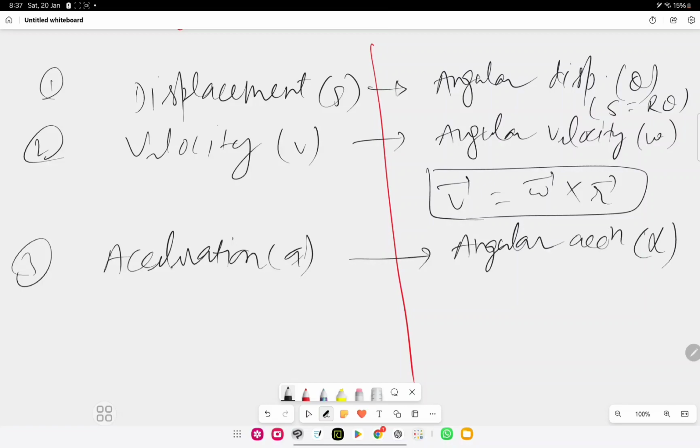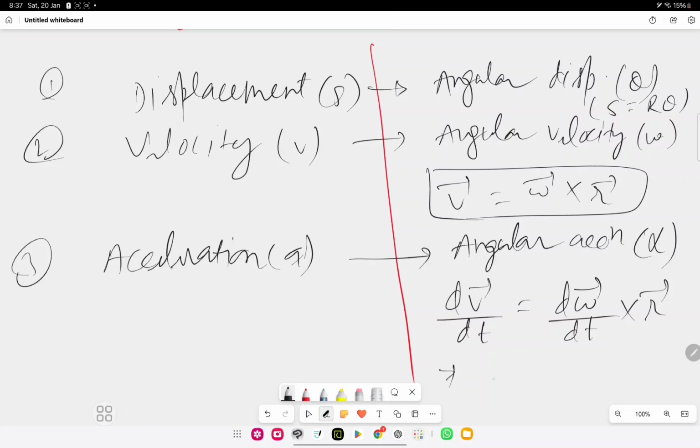What is the relation? From V equals omega cross R, if I differentiate both sides, considering the position vector as constant for a particle, I can write dV by dt equals d omega by dt cross R.